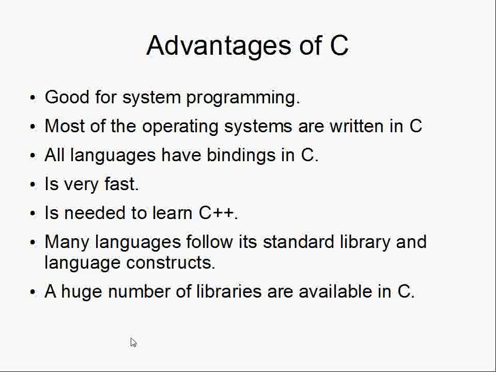For example, the operators of C are used in almost all programming languages in almost the same fashion. There are certain differences, but yes, you can be rest assured that the syntax is going to be the same in most of the languages. There will be certain differences, like Python has indentation differences, but still, the plus operator will remain the same. And there are many such operators which will remain the same in many languages.